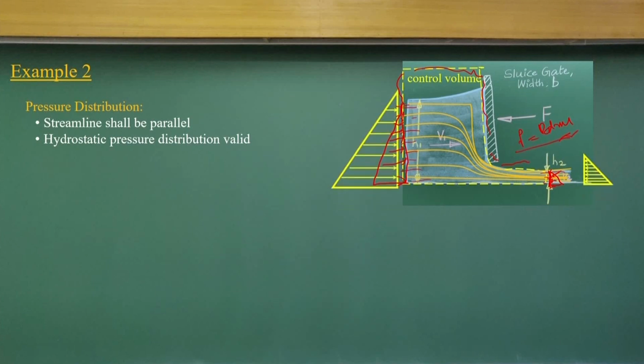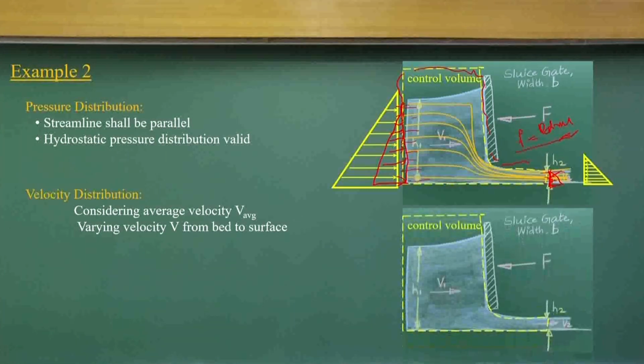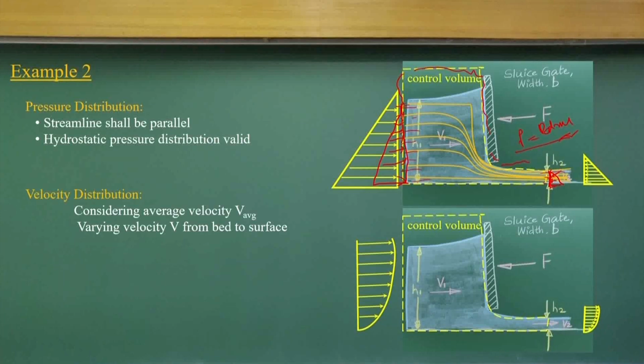Second thing, this is the pressure distribution. Now, you have to look at the velocity distribution. As you expect, here the velocity distribution will not be uniform. The velocity will be zero at the wall and at this spherical gate. In this case we consider the average velocity.